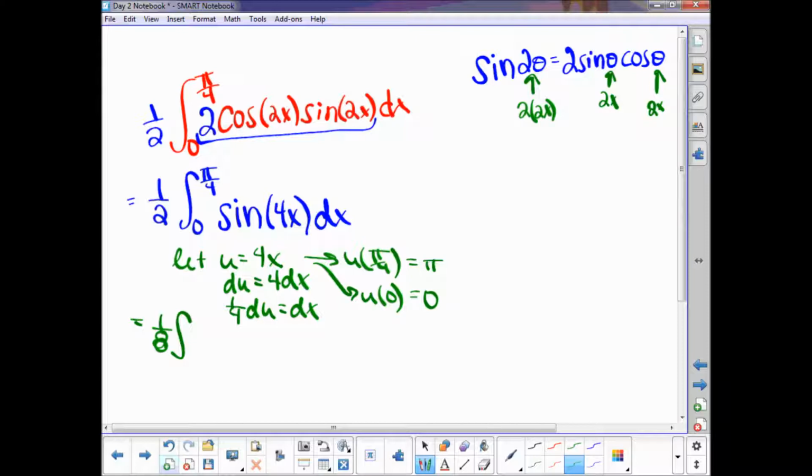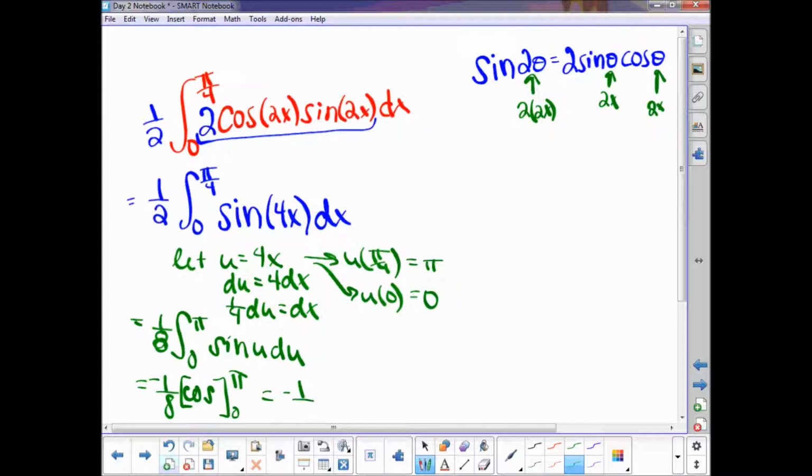So we have 0 to pi, and this is sine of u du. My antiderivative of sine is negative cosine, evaluated from 0 to pi.